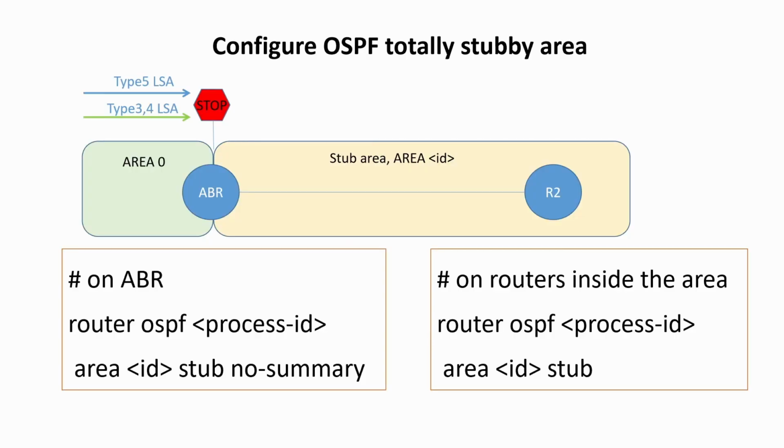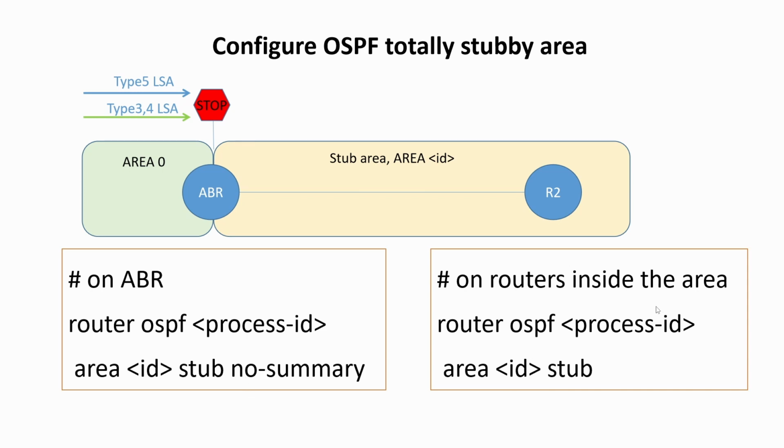Okay, configure the totally stubby area. So the totally stub area configuration is as shown in this diagram. The command is under the router OSPF process, the area ID stub area with the option no summary.